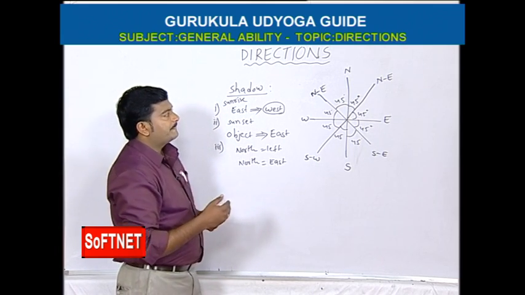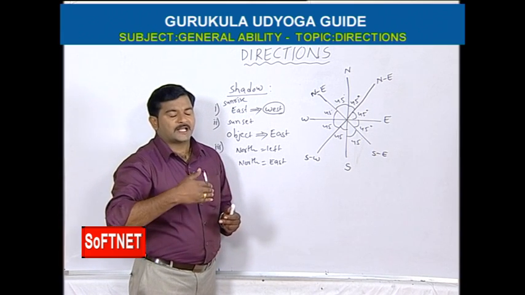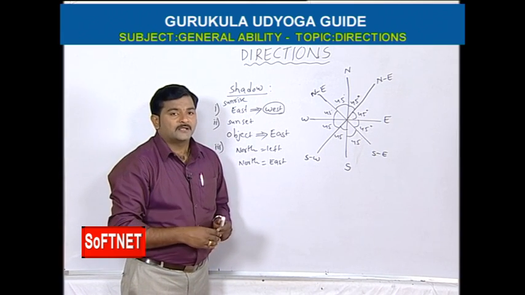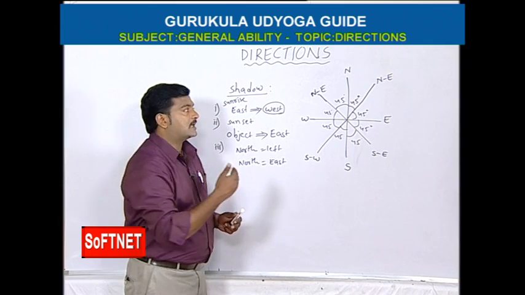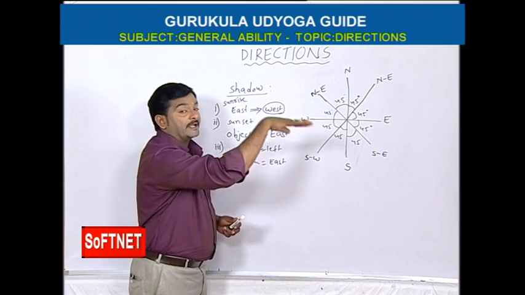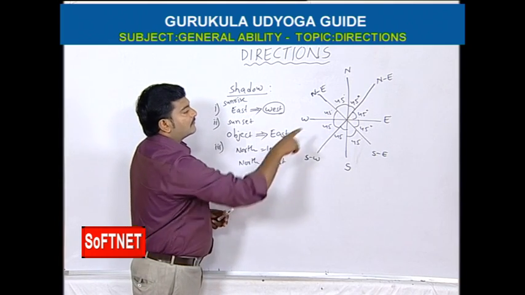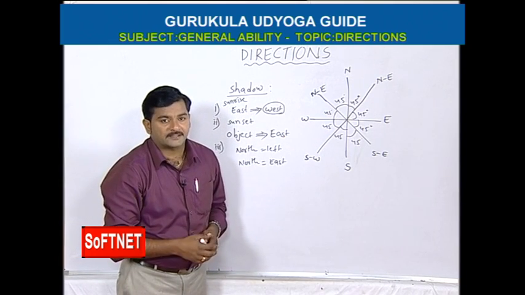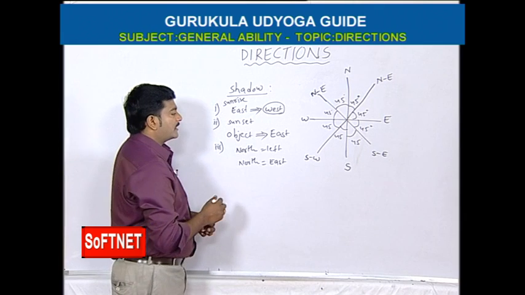And similarly, at the time of sunset, in the evening time, if the person is facing towards north direction, then his shadow will be always towards his right side. So right side means east direction. So this is about the third point regarding shadows.